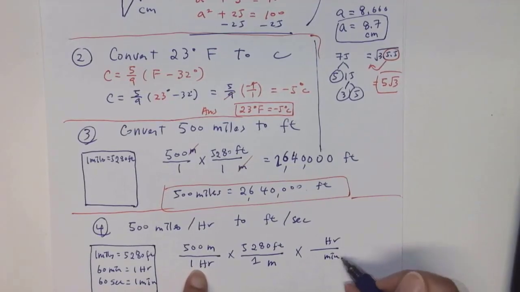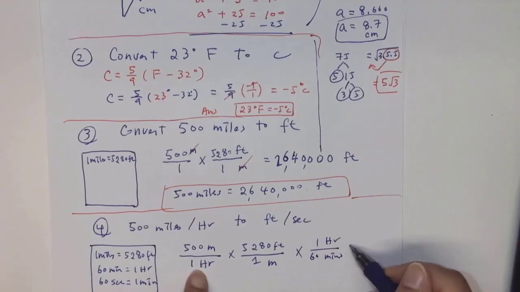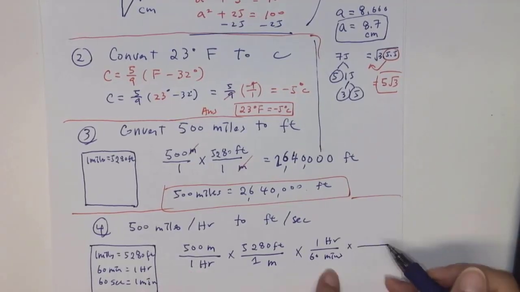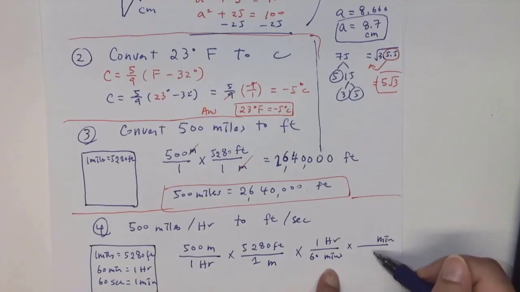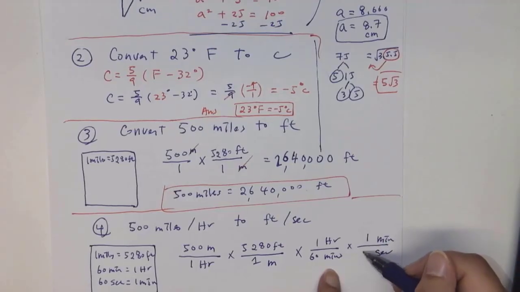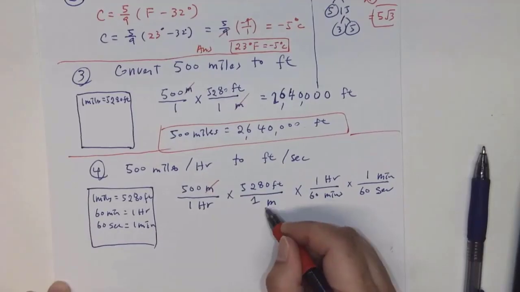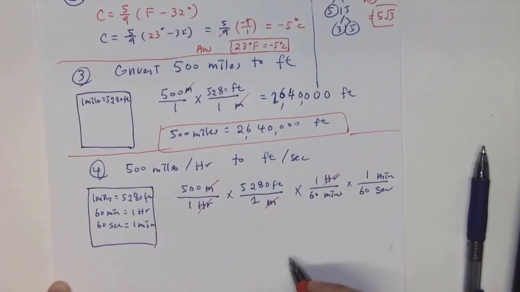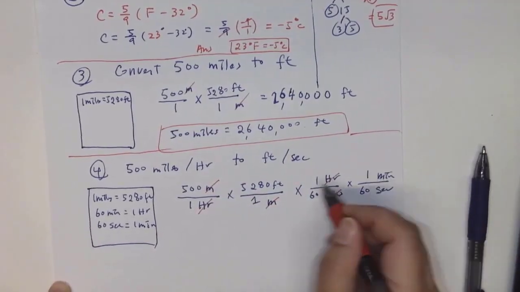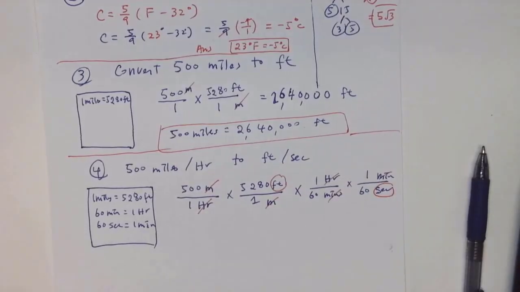Okay, minutes at the bottom, so what? 60 minutes. Got it. And then I need to get rid of the minutes on top and get seconds. 1 minute is 60 seconds, you say? Is it okay? We can get rid of the miles. We can get rid of the hour. We can get rid of the minutes. It will be left with feet and seconds, right?